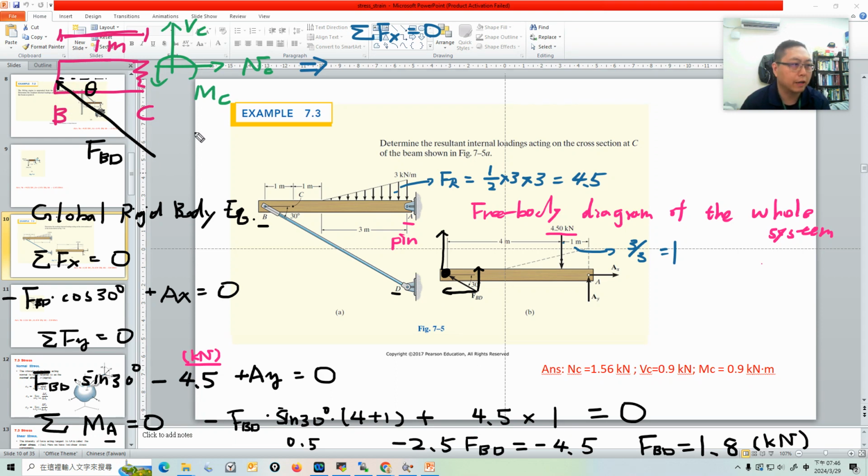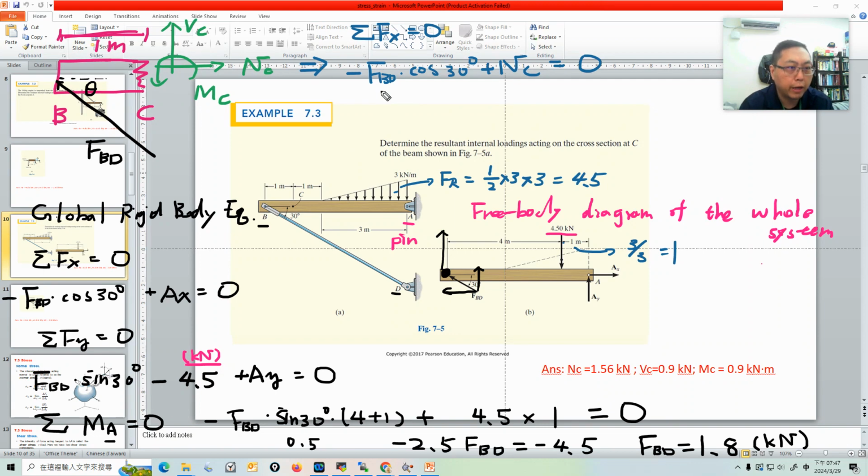FBD cosine 30 degrees points to the left, and the x component force NC points to the right, equal to 0. FBD is 1.8.